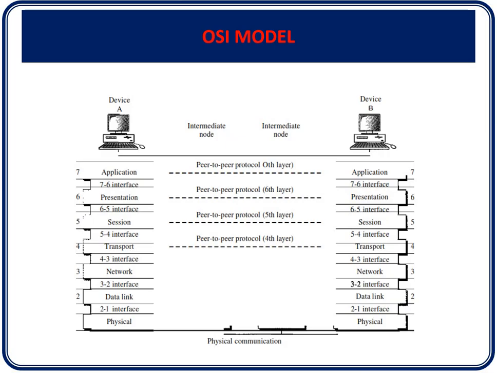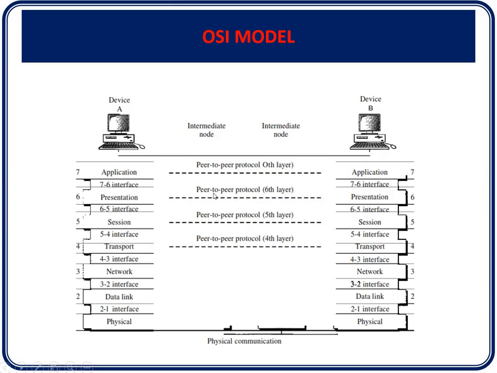The physical layer enables direct communication, transmitting a stream of bits from device A to device B through intermediate nodes. It follows a layered process where data moves down through the layers on the sending device, across the network, and up through the layers on the receiving device.